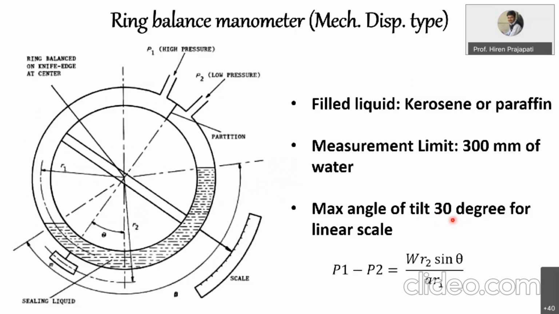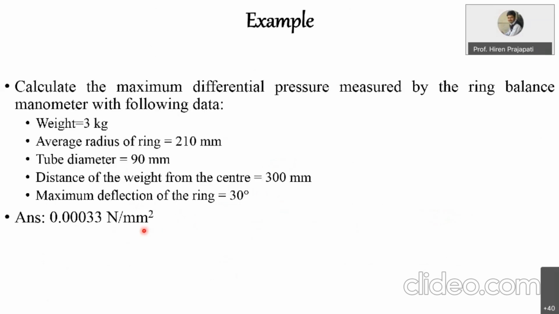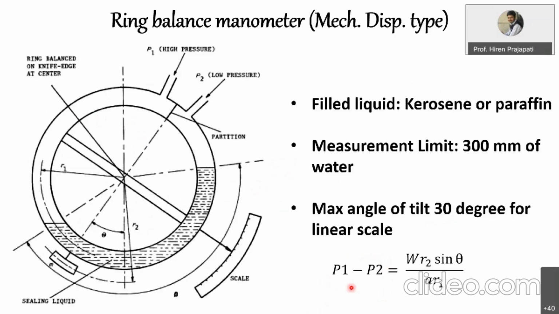If you solve, you can find the maximum pressure difference you can measure using this arrangement. Now if I want to change the pressure measurement range, I need to change the weight attached to this ring, right? By doing that, you can change the working range of the instrument. So for a particular weight on this ring, you have a pressure measurement range.